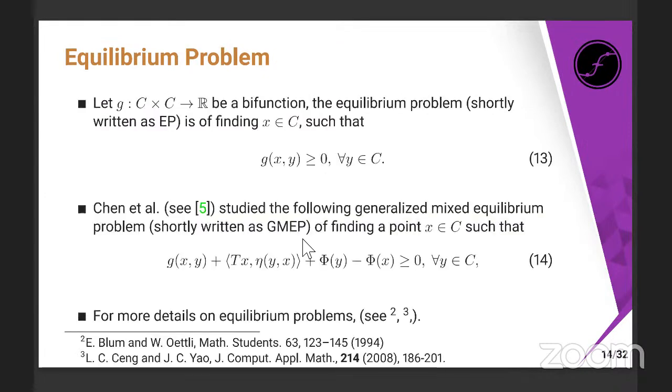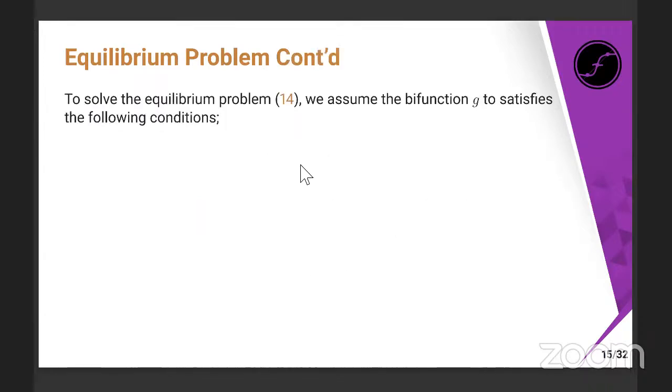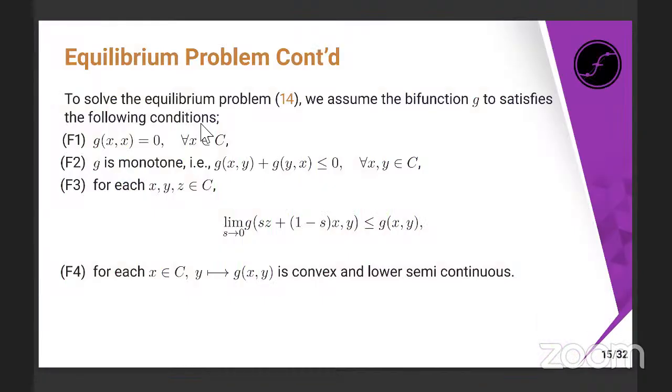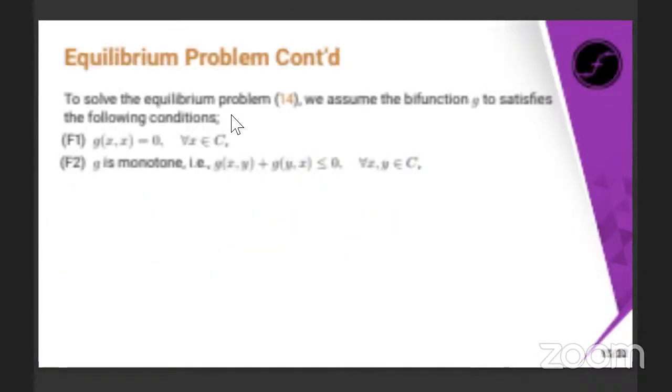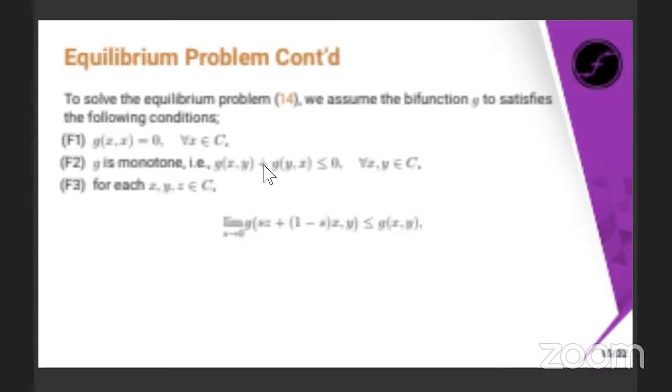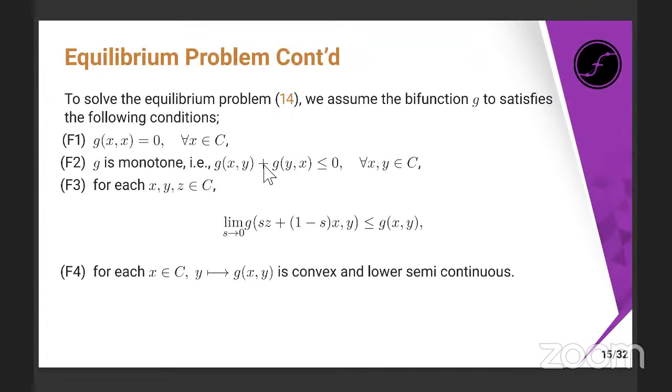So this is what we are trying to study in this work. We are trying to propose an iterative method that can solve this particular problem. In order to do that, the following assumptions are met. We assume that the bifunction G satisfies these conditions from F1 to F4.